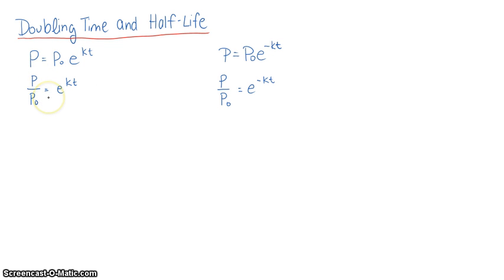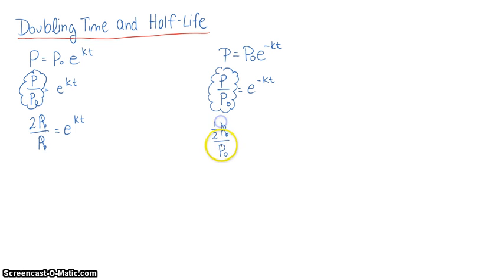So ultimately, this portion right here becomes 2 times your initial amount over your initial amount, which crosses out to give you just 2. Whereas here, a half-life, based on our initial amount, we're going to have half of our initial amount. Again, those cross out and you're left with a half.